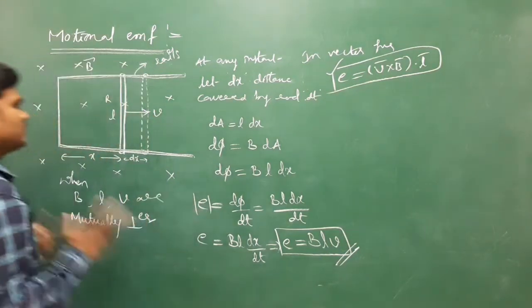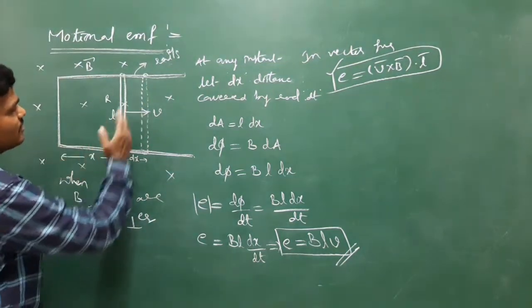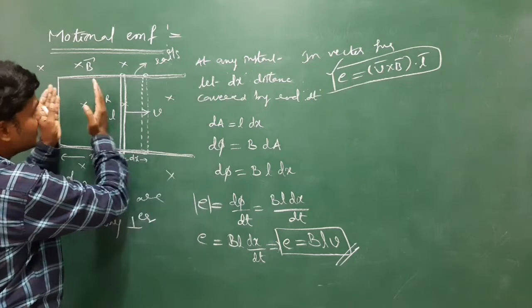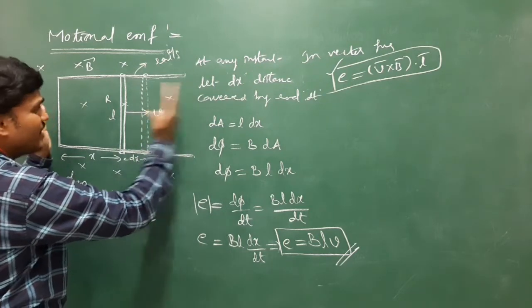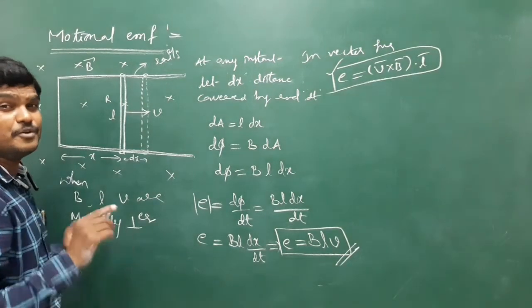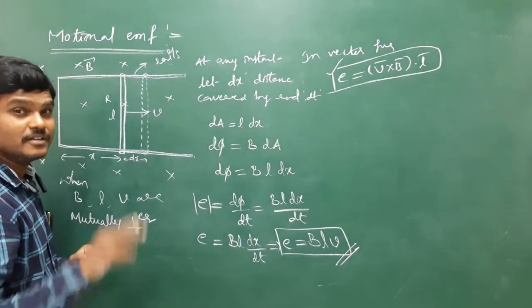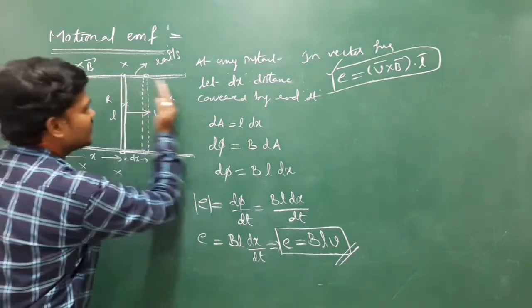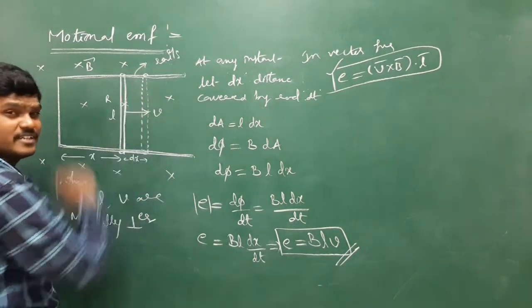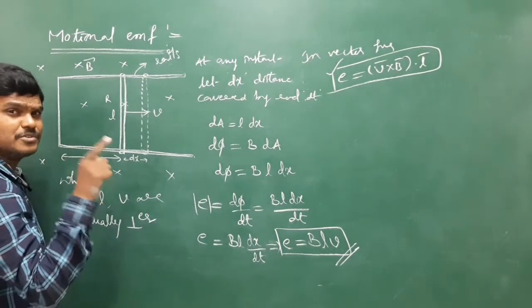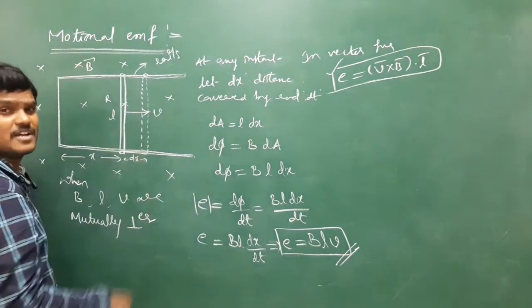By Lenz law, once it moves like this, the area increases. As the area increases, the flux increases. Then the induced current has to decrease that flux.